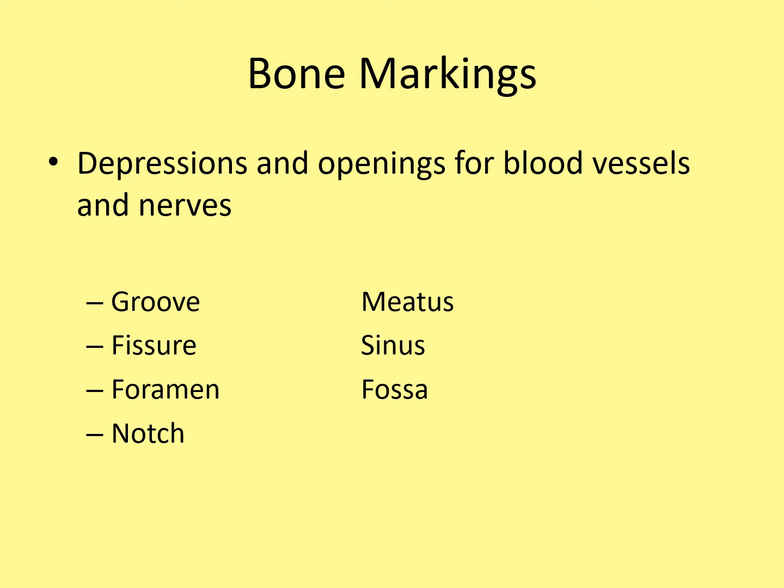Some of these are things like grooves. Foramens tend to be larger openings, holes, if you will, such as the foramen magnum, which is found at the base of the skull and allows for the spinal cord to come up and connect to the brain. Fossa is another example.